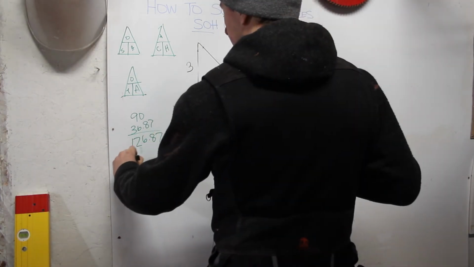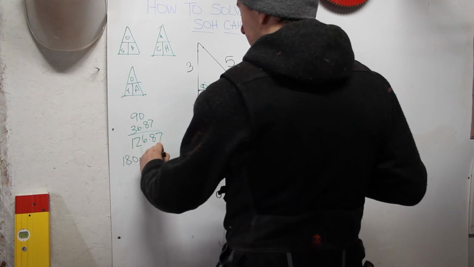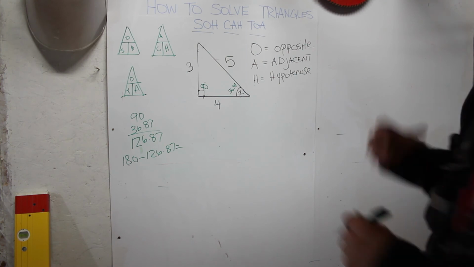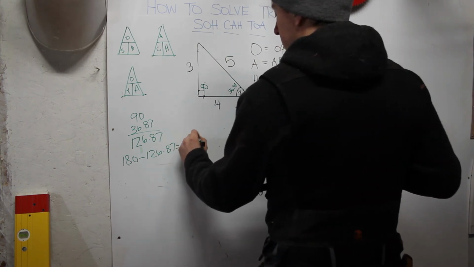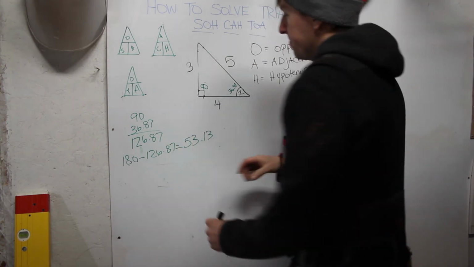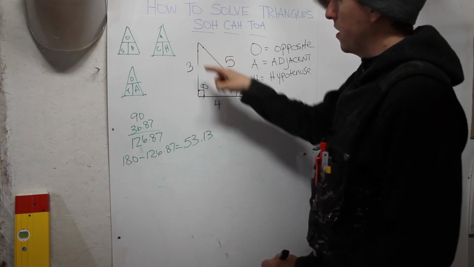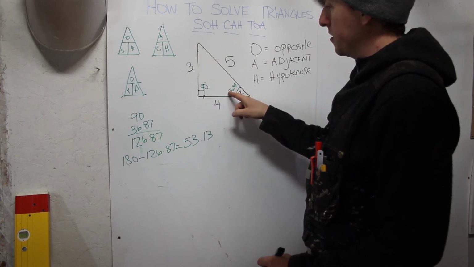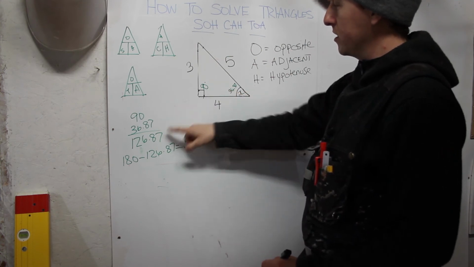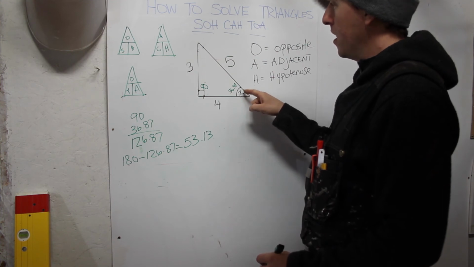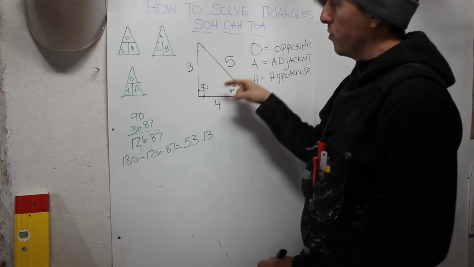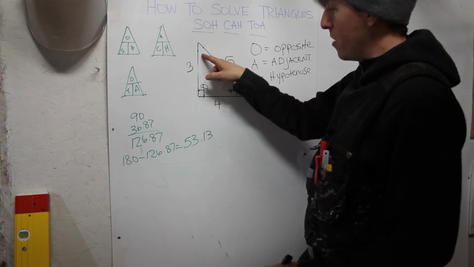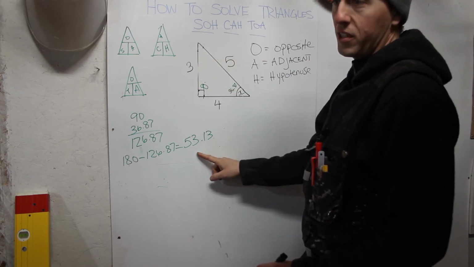I think 180 minus 126.87 equals 53.13. So 180 is the total angle of the inside of the triangle. We have 90 plus 36.87 is 126, so that's the value for these two angles. If we subtract the total value, 180, by the value that we have, 126.87, the remainder should be 53.13.